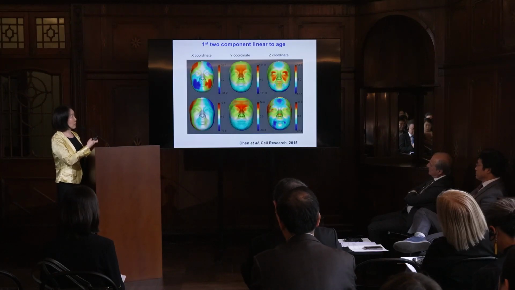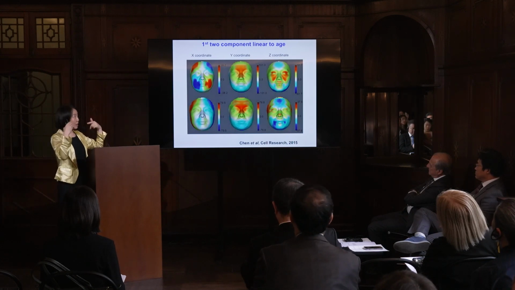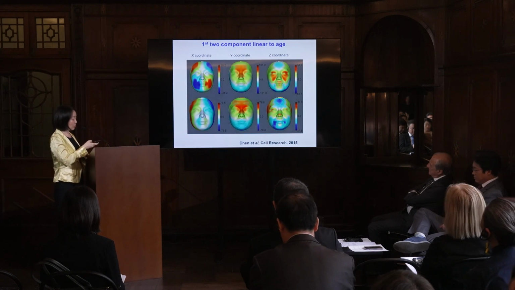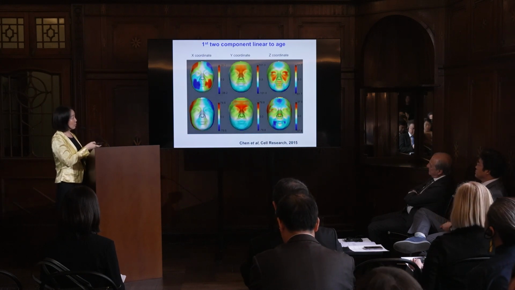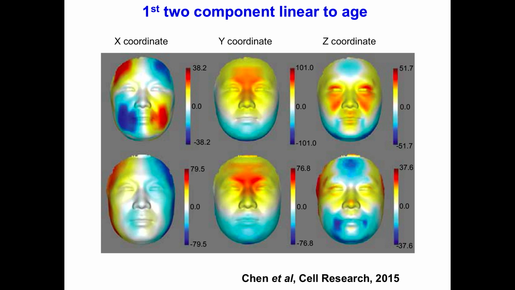So this basically indicates the forehead size decreases this way, and the lower face increases in the horizontal direction. On the y-axis there's not so much feature, except this region, the bridge of the nose seems to move upward.